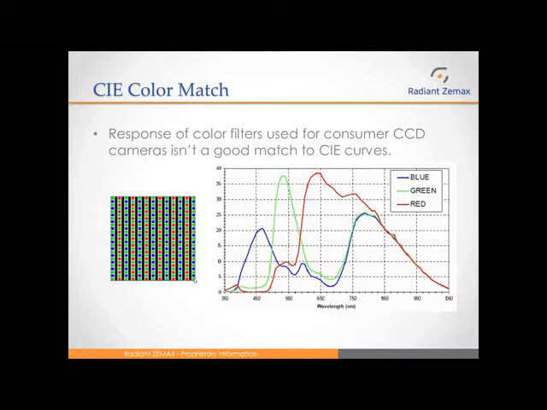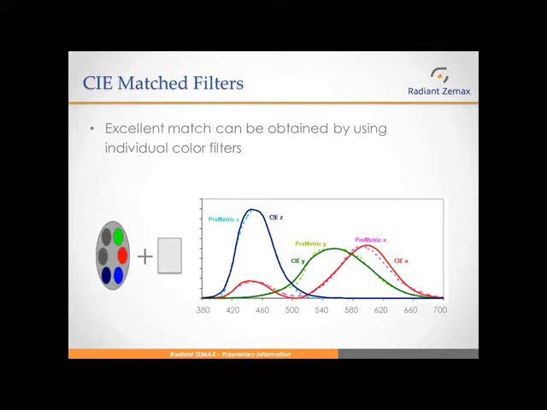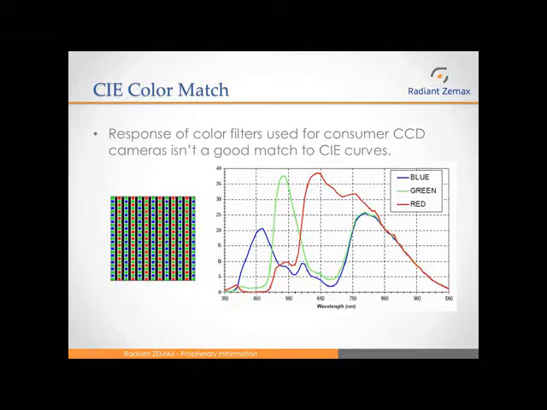And the gel basically acts as the filter. So the response should, in theory, somewhat match the CIE curves. But you can see in this example that it's not nearly as close as our filter-based system is. So that's why something like a consumer camera just really doesn't have any comparable color accuracy.